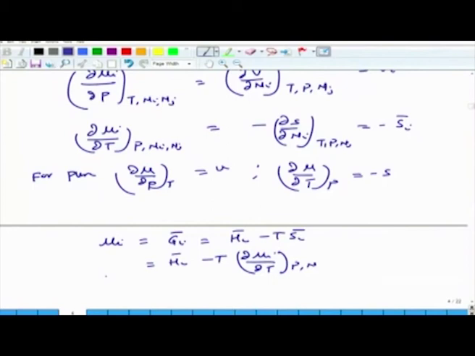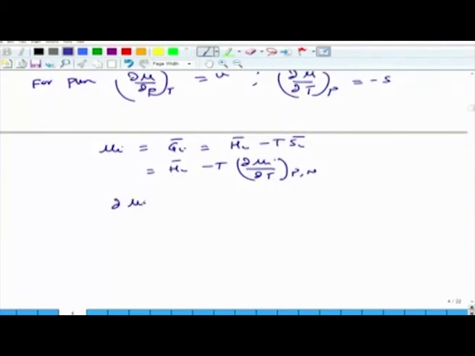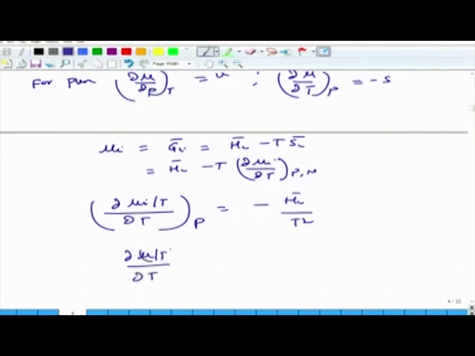If you rearrange this expression, I should be able to derive it in this form, minus H i bar by T squared. For a pure system, this is equivalent to saying that this is nothing but minus the molar property.